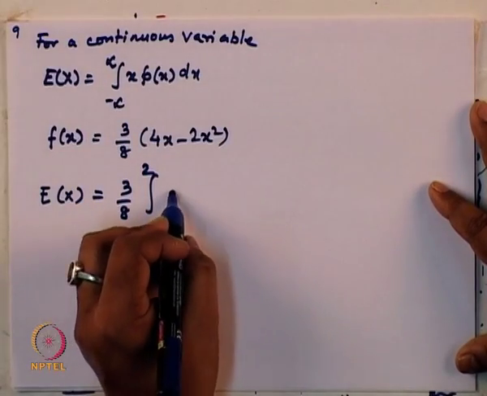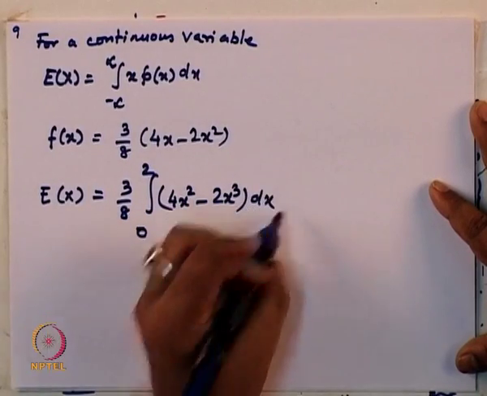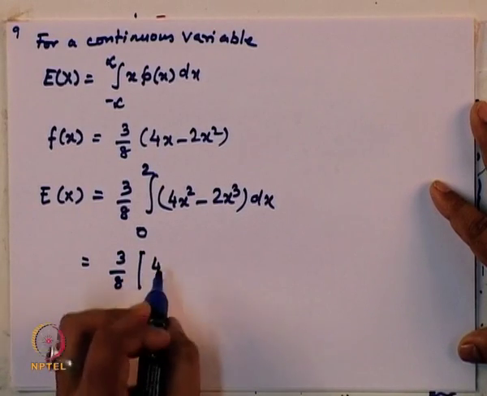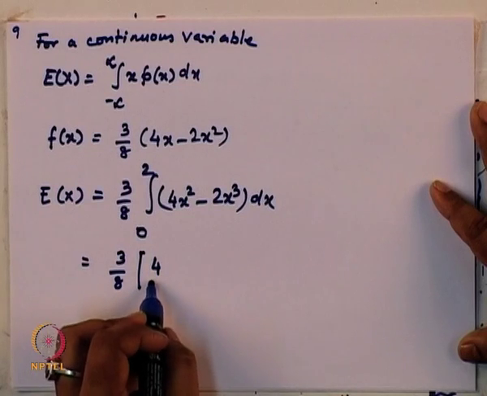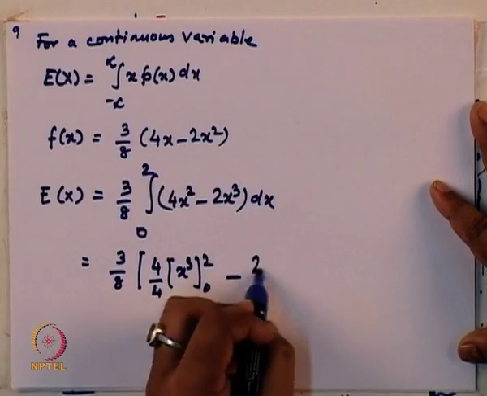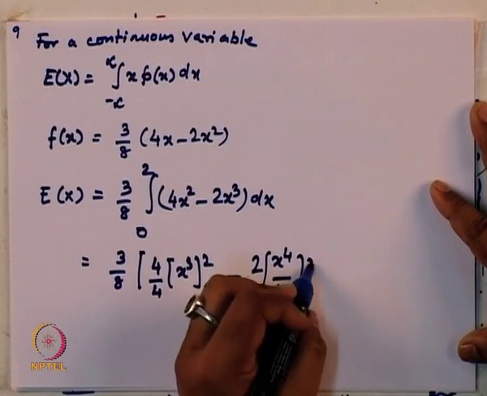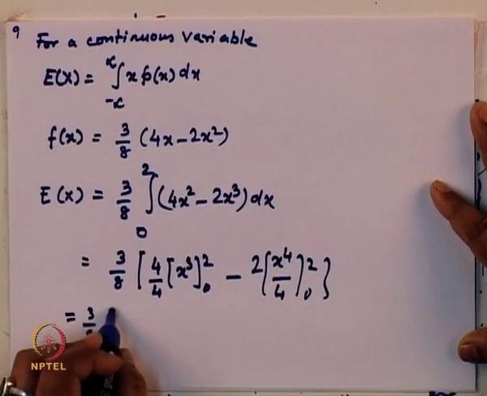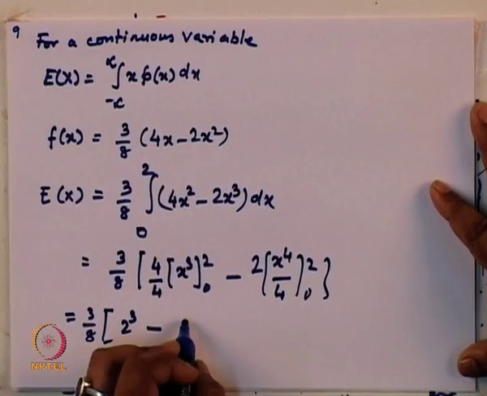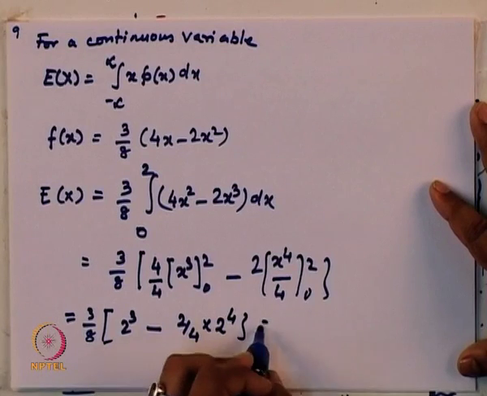So, you can have 4x square minus 2x cubed into dx, which is equal to 3 by 8 into 4x cubed by 3 from 0 to 2 minus 2x fourth by 4 from 0 to 2. So, 2 cubed is what I get, minus 2 by 4 into 2 to the power 4.